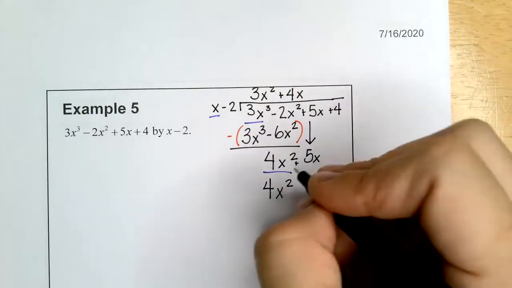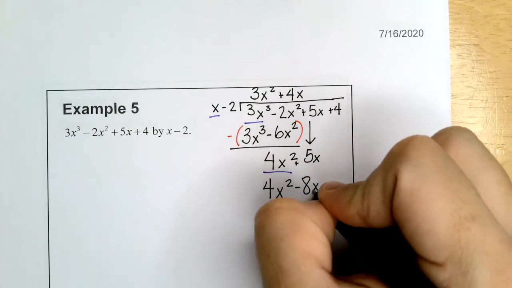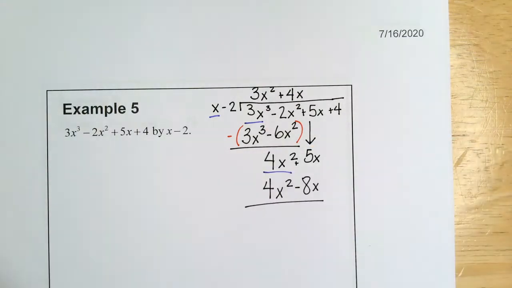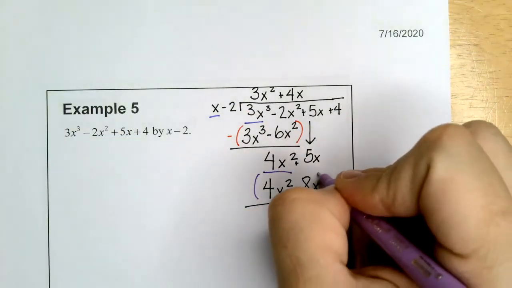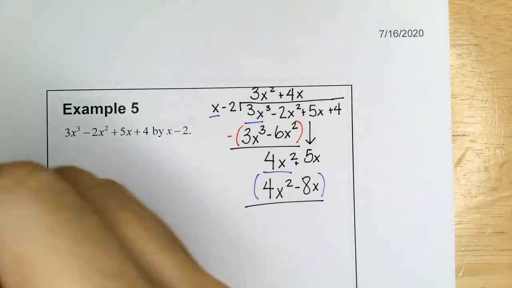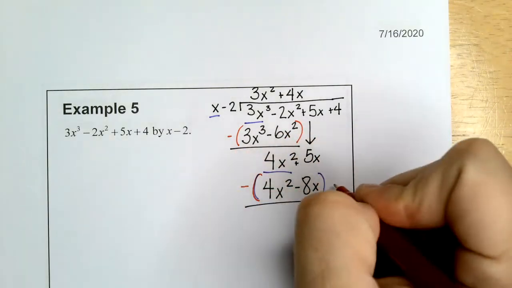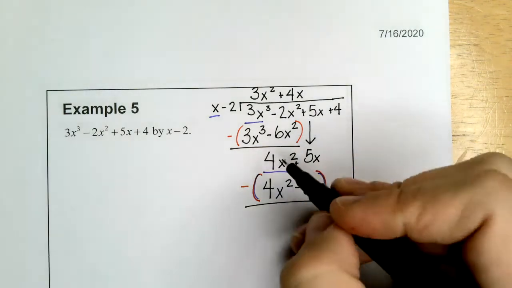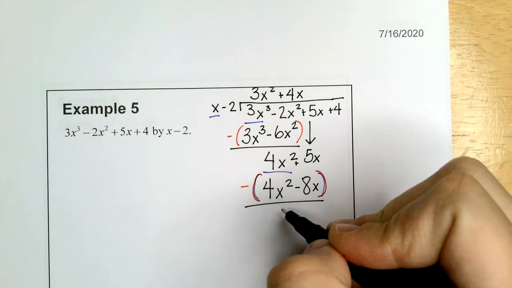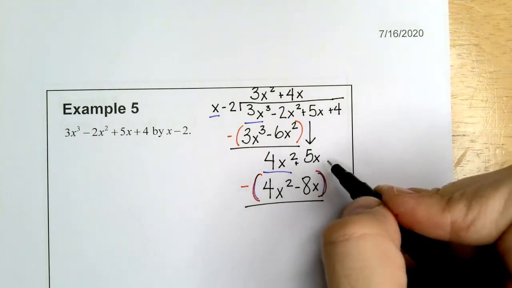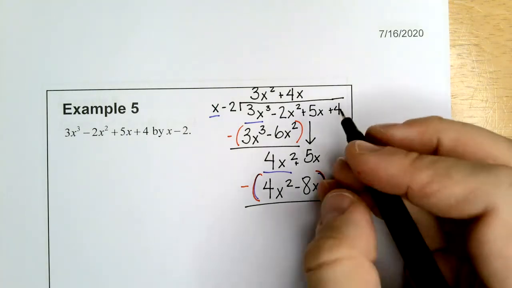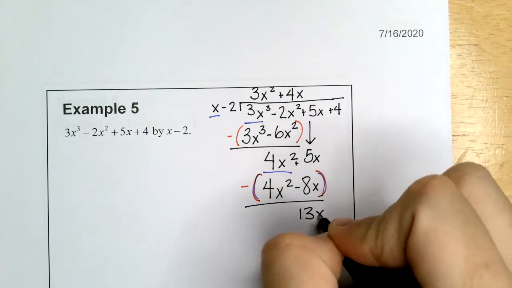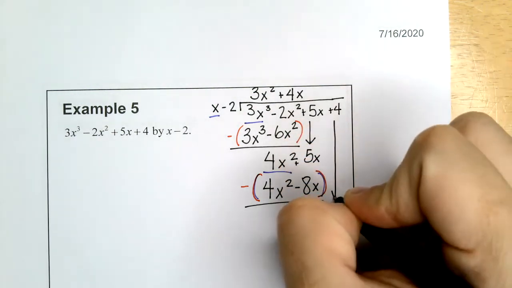Positive 4x times a negative 2 is negative 8x. Oops, we need to subtract it. 4x squared minus 4x squared cancel each other out. 5x plus 8x becomes 13x. And I'm going to bring that 4 down.